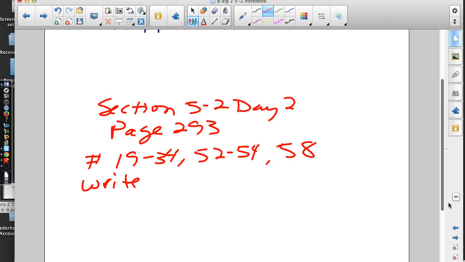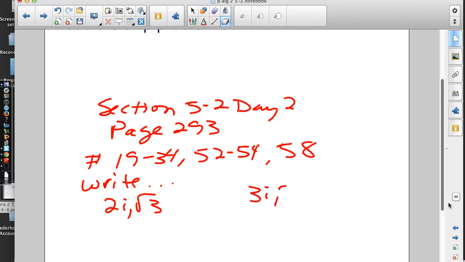So I'm going to put write a polynomial for 2i and the square root of 3, and 3i and the square root of 5. So there'll be 2 problems that are not in your book that you're going to write polynomials for.